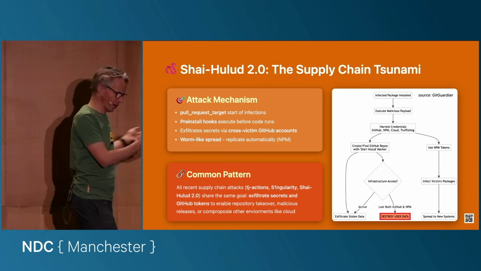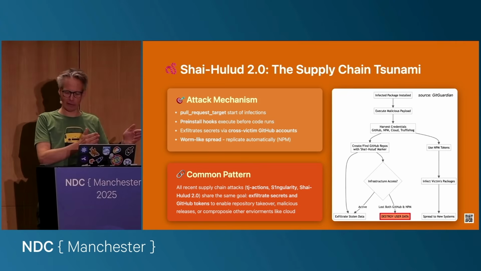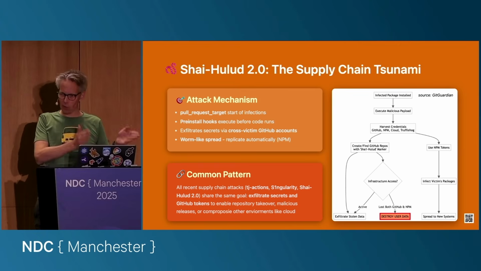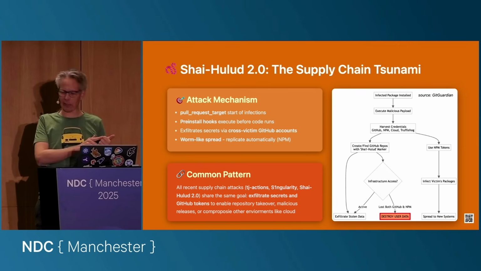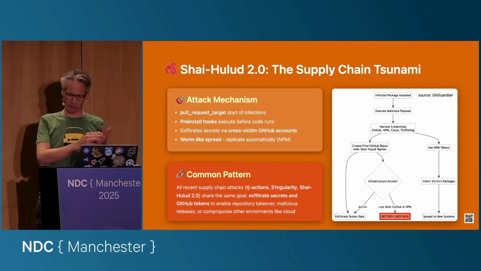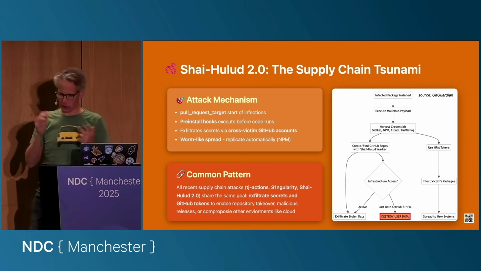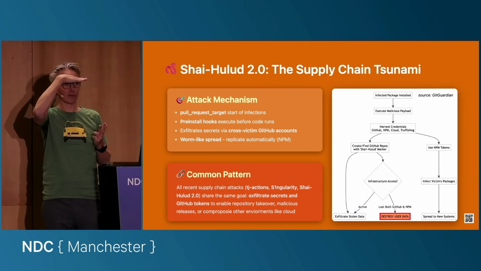And the other part is what it is doing on your system. So it was doing all kinds of nasty things, but it looks like it was very focused on finding all kinds of secrets. So it was looking for secrets in the pipeline, if it runs in GitHub Actions. It looks in environment files or env variables for secrets. It was running TruffleHog. Who knows TruffleHog?